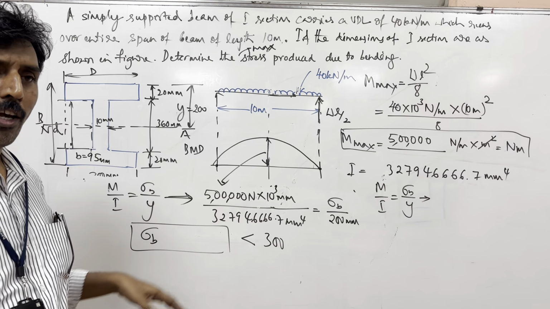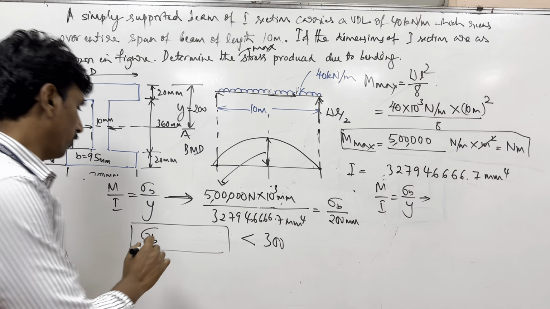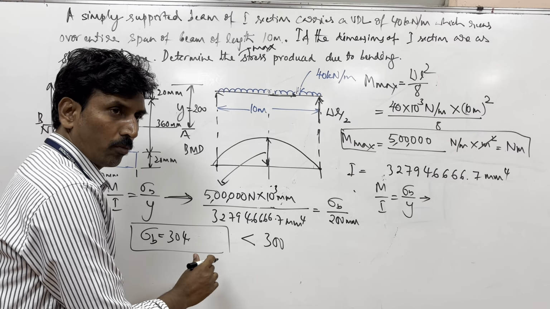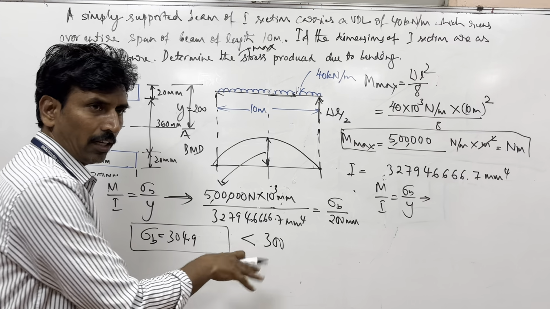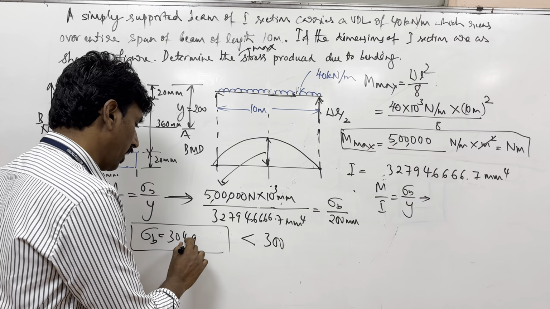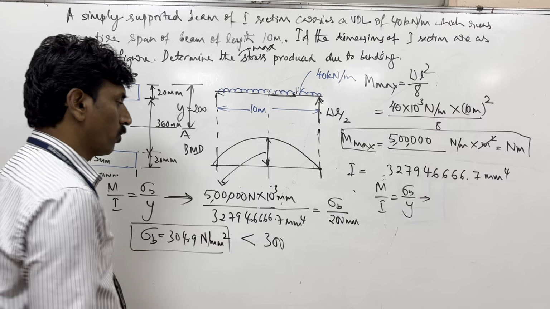Where's your calculator? The value is 304.9. What is the unit? Newton per mm square.